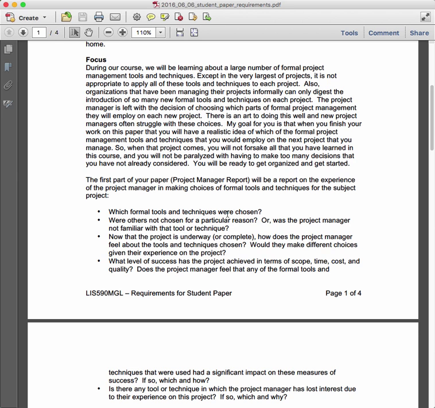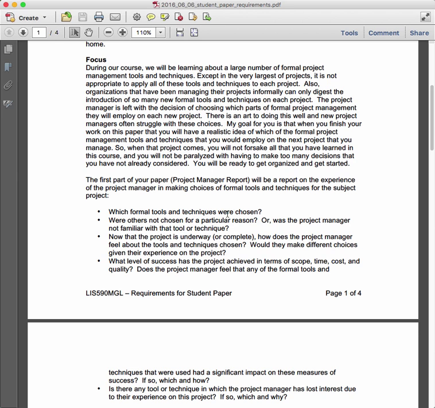Okay, what we're learning is, what are all the things that go kind of in the tool bag of the project manager, okay? Does the project manager take all those tools and techniques out of the bag for every project? No, probably not. Like any other kind of craft person, they pick out the tools that are most applicable for the job at hand, okay?